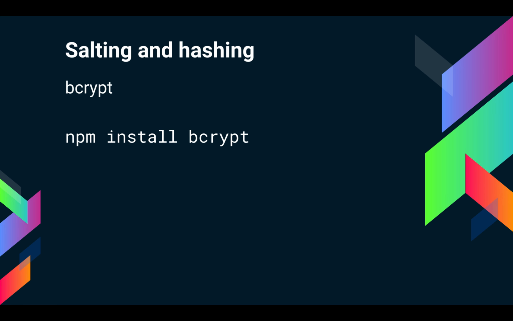There are others out there, but bcrypt's been around for a very long time. It's very hard to crack because it's deliberately slow. It's kind of weird that way, but it's very secure. It's kind of stood the test of time. So we're going to use bcrypt.